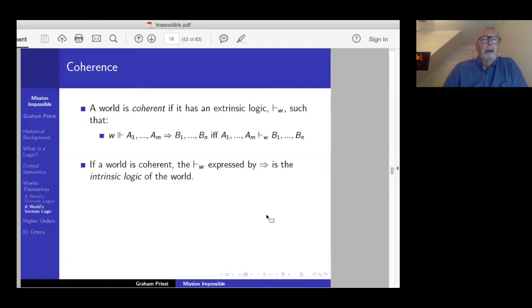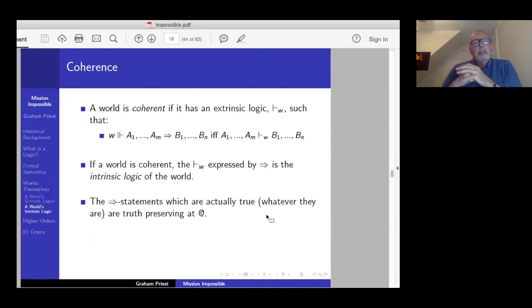Now, if a world is coherent, then the extrinsic logic expressed by double arrow is the intrinsic logic of the world. So I'm using the double arrow to single out one of the extrinsic logics syntactically by allowing it to be expressible in, well, not L, but a slight extension of L.